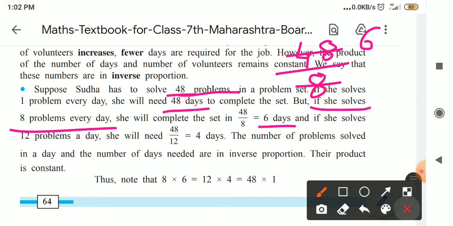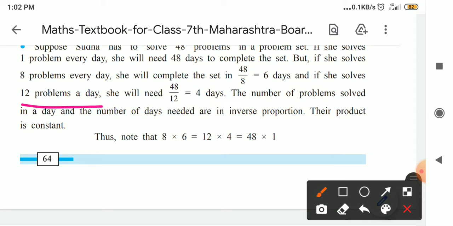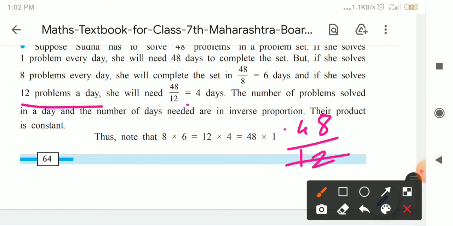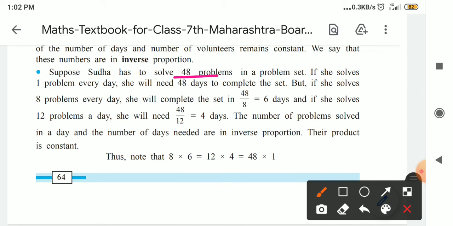And if she says I will solve 12 problems in a day, then how many days will be required? 48 upon 12. 12 ones are 12, 12 twos are 24, 12 threes are 36, and 12 fours are 48. So how many days will be required? 4 days will be required.